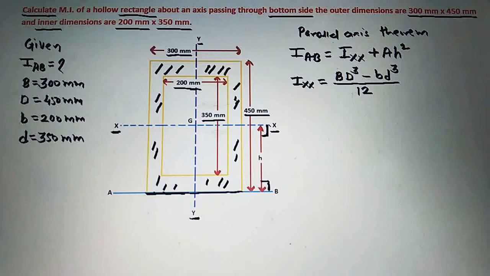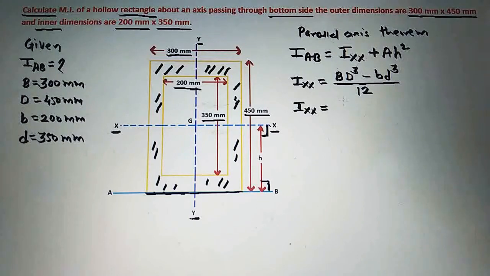This is the formula to find out the moment of inertia of a hollow rectangular section along its centroidal x-axis. Now we will put values here of capital B, capital D, small b and small d.